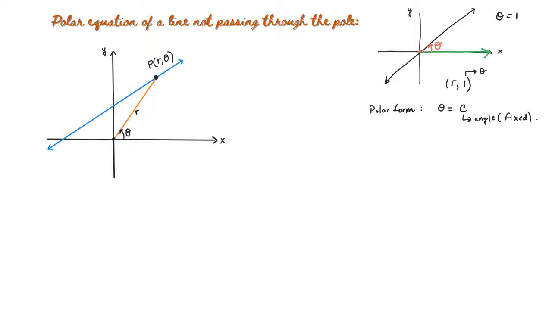In polar form, it will be theta equals c, where theta is the measure of the angle that is formed by the line and the positive x-axis. However, here on the left, I have a blue line in the Cartesian plane that is not passing through the origin. Is there a way for me to find its polar representation?